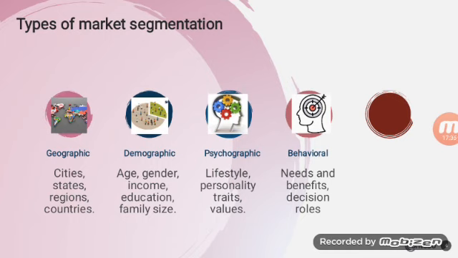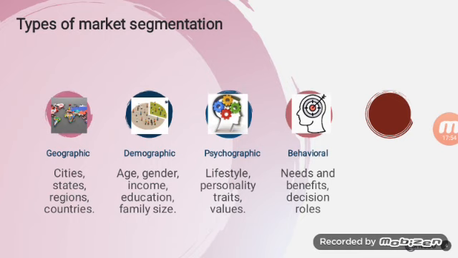Another very good example of geographical segmentation is winter clothes. In northern countries, they sell winter clothes all year round. But in Malaysia, we don't sell winter clothes widely because we are a tropical country where our climate is warmer.